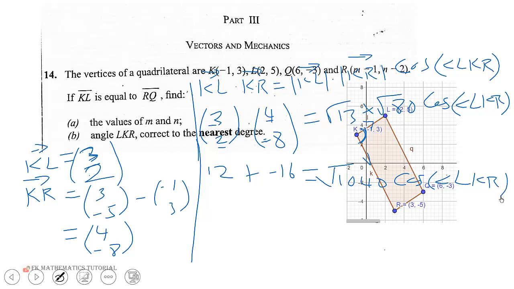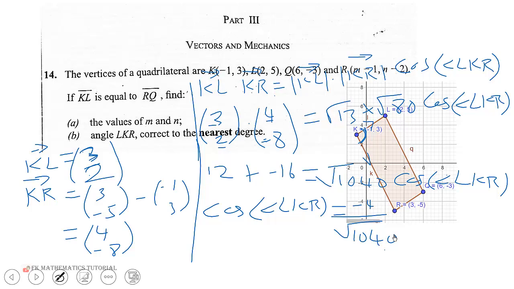Good. So when we simplify this, we are going to get cosine of the angle LKR is equal to -4 over square root of 1040.